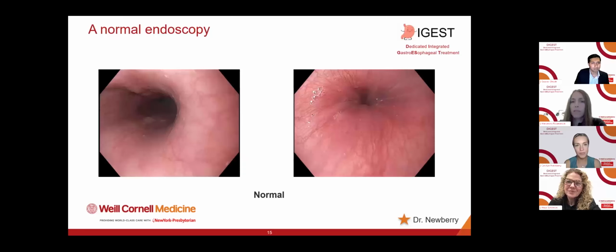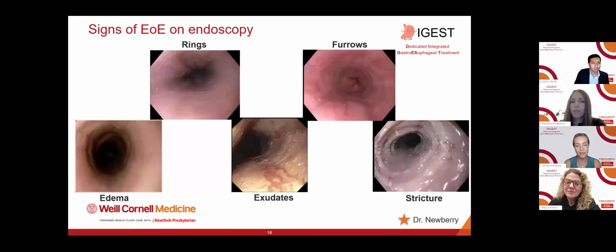What about here? So we have some changes in the esophagus here in these pictures, and these are some of the classic findings in somebody with eosinophilic esophagitis. And I will start in the bottom left-hand corner and go across to show you what we're really looking for.